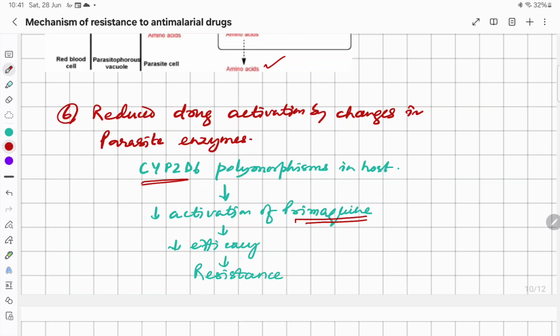As we have discussed, primaquine is a prodrug. It is metabolized to its active quinone form, and that is decreased or reduced if there are polymorphisms in the CYP2D6 group of enzymes. So that decreases the efficacy and causes resistance. So this is all about the resistance to antimalarial drugs. Thank you.